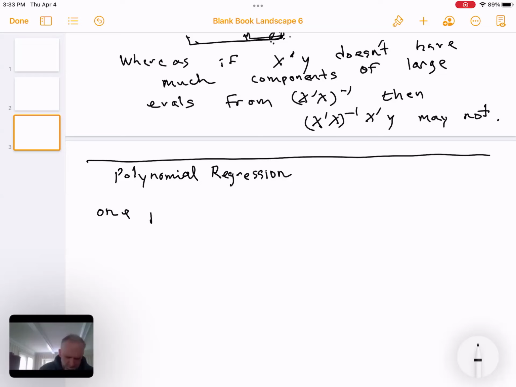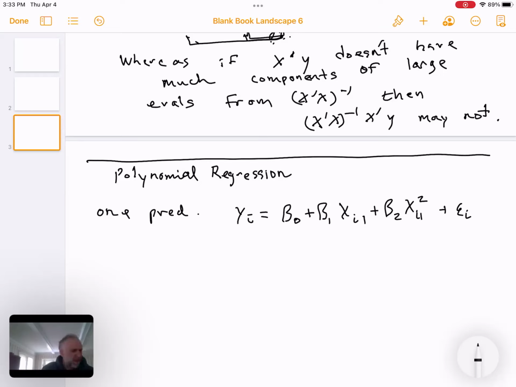One predictor, say we could have a model like this, yi equal to beta 0 plus beta 1 xi1 plus beta 2 xi1 squared plus error. It's the same column.